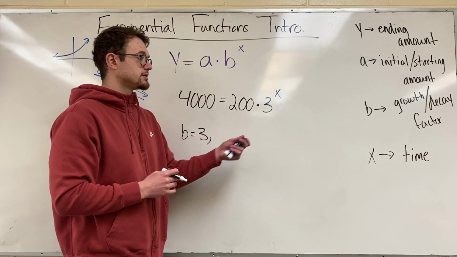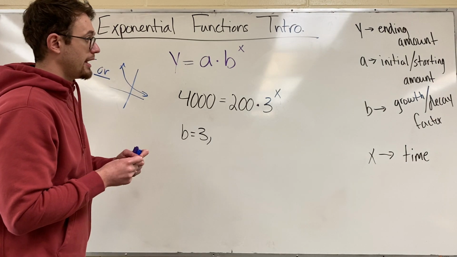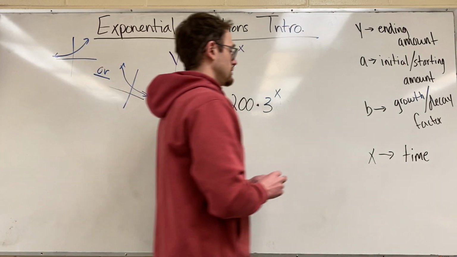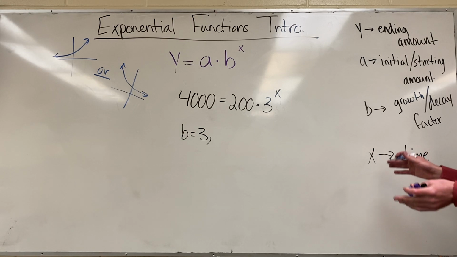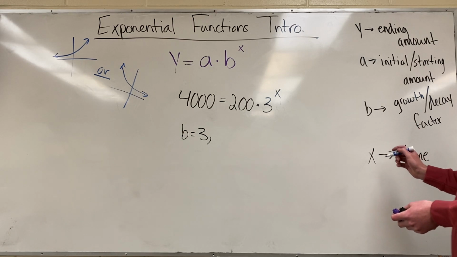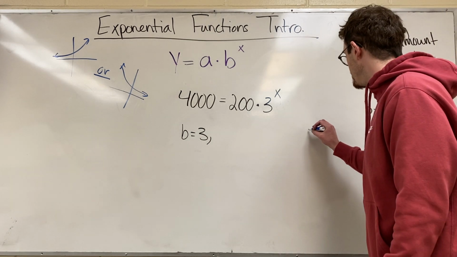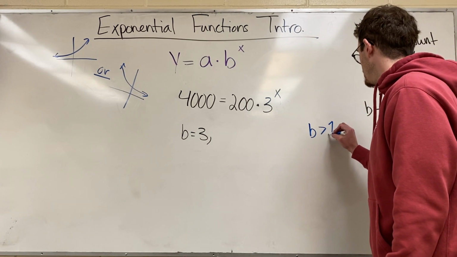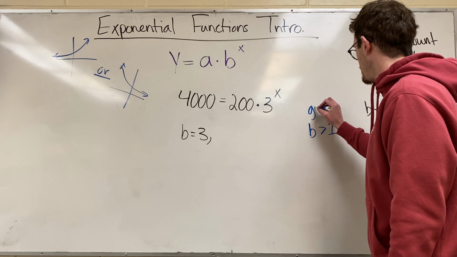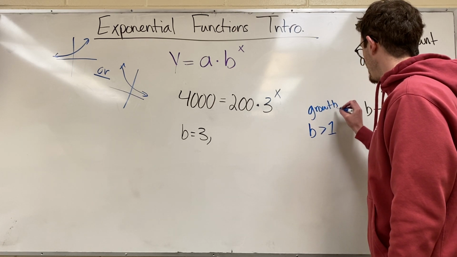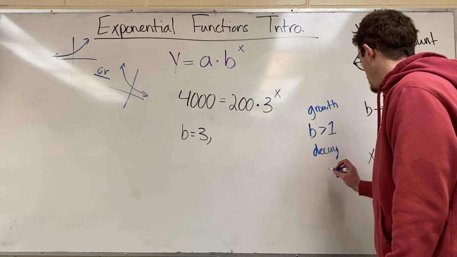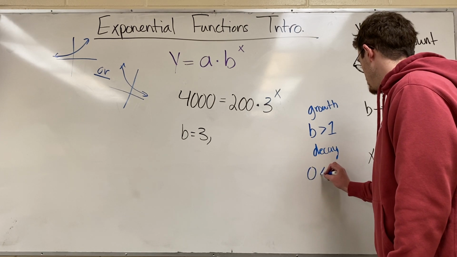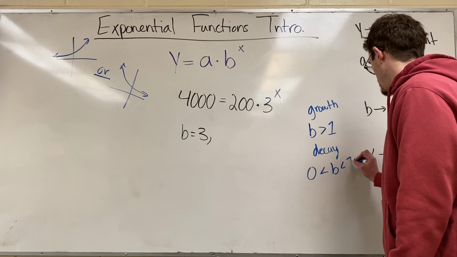The other way is, let's add a few other notes. I'm not going to get into the math behind it in this video, but I will in the next video for exponentials. But for now, just know that this holds true. So if b is greater than 1, it's growth. And it's decay if b is in between 0 and 1.